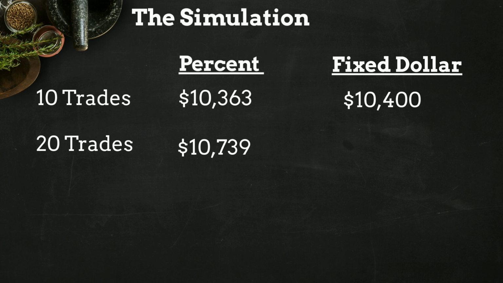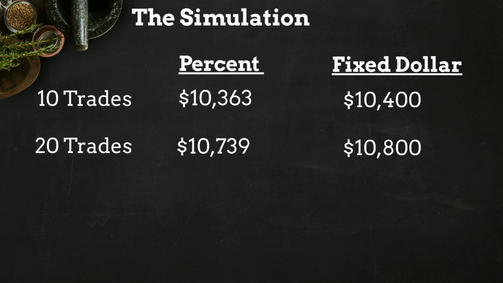And in the fixed dollar method, the capital will now be at $10,800, with the net difference being that the fixed dollar method is ahead by $61. So we can see that from the 10th trade to the 20th trade, the fixed dollar method has been able to gain even much more momentum, from a difference of $37 to now a difference of $61.